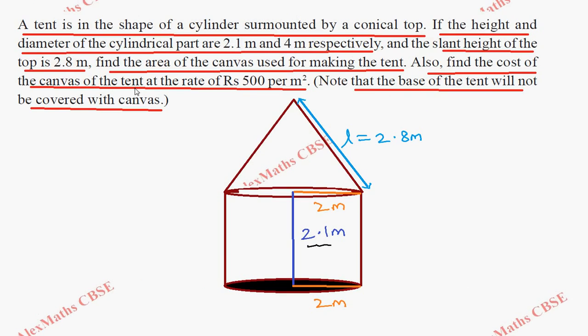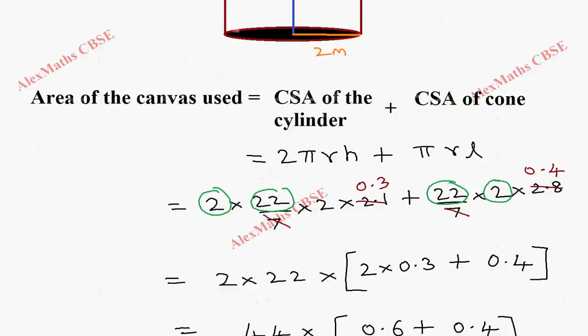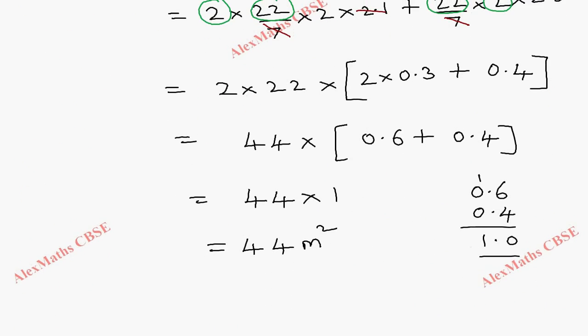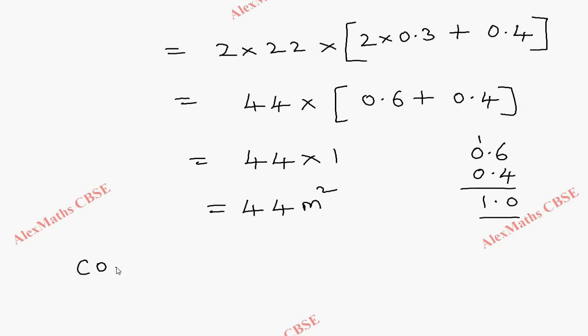Also find the cost of the canvas of the tent at the rate of rupees 500 per meter square. So the cost equals the area of canvas which is used into 500.